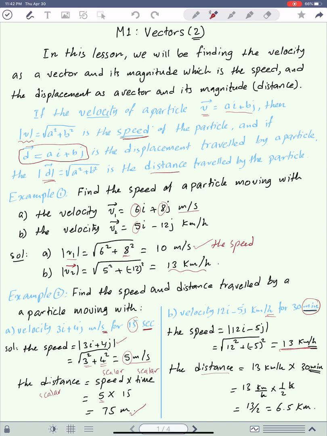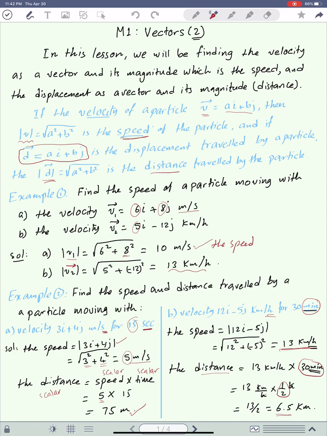We are free here, but better to convert 30 minutes into hours. 30 minutes is half an hour. Half an hour times 13 kilometer per hour, you will get 6.5 kilometer. We can convert the velocity to kilometer per minute, yeah, but this is more straightforward.